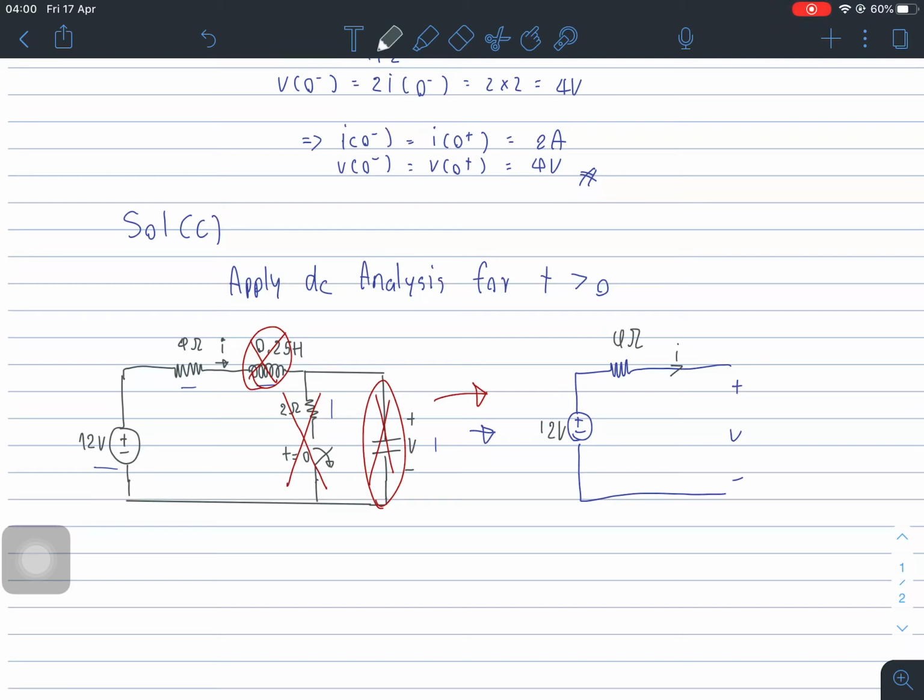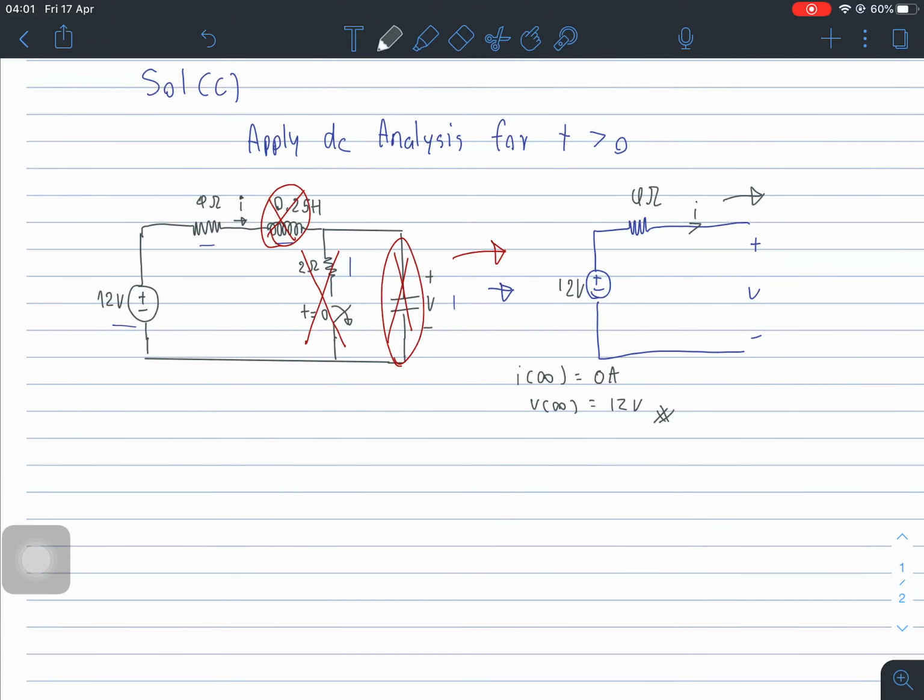And so i(infinity) is equal to 0 amp, because no current can flow here. No current can flow there, so we get 0 amp. And v(infinity) is the only one left, which is 12 volts. So this is the solution from solution C.